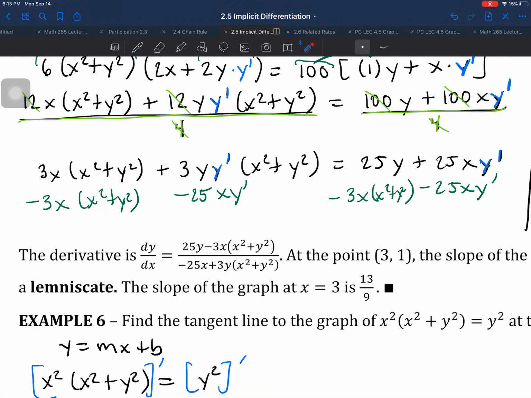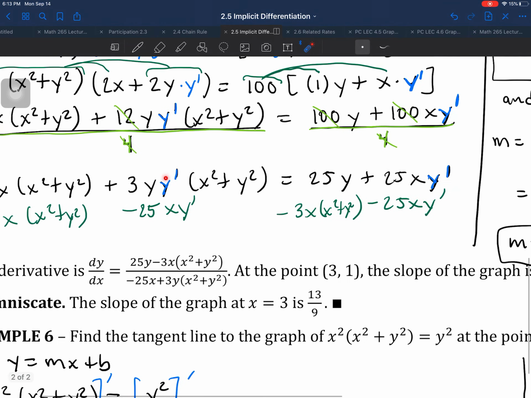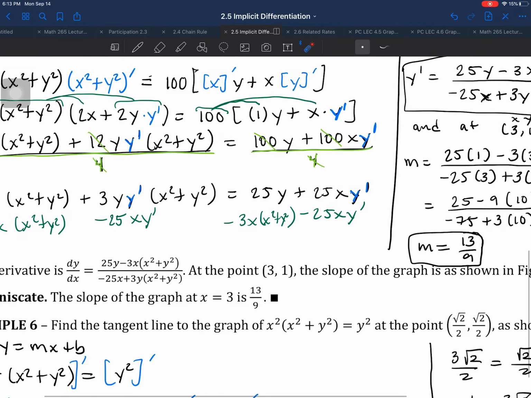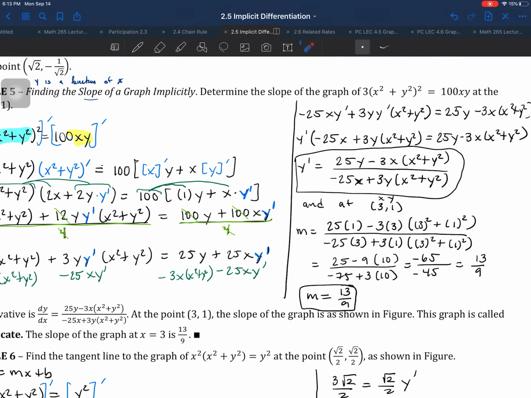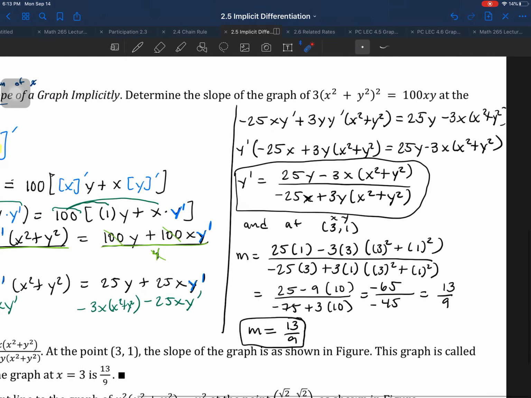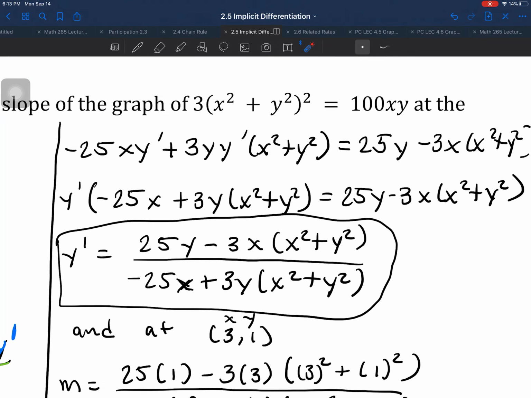That will cancel. What's left behind is these two terms and these two terms on the other side. So we get minus 25x y prime plus 3y y prime times x squared plus y squared equals 25y plus or minus 3x times x squared plus y squared. So we agree, we get the same thing.